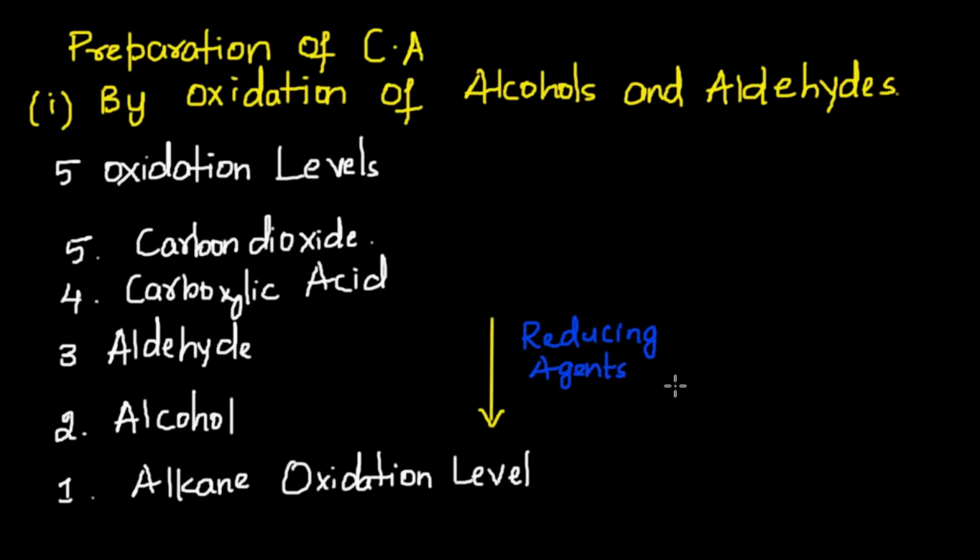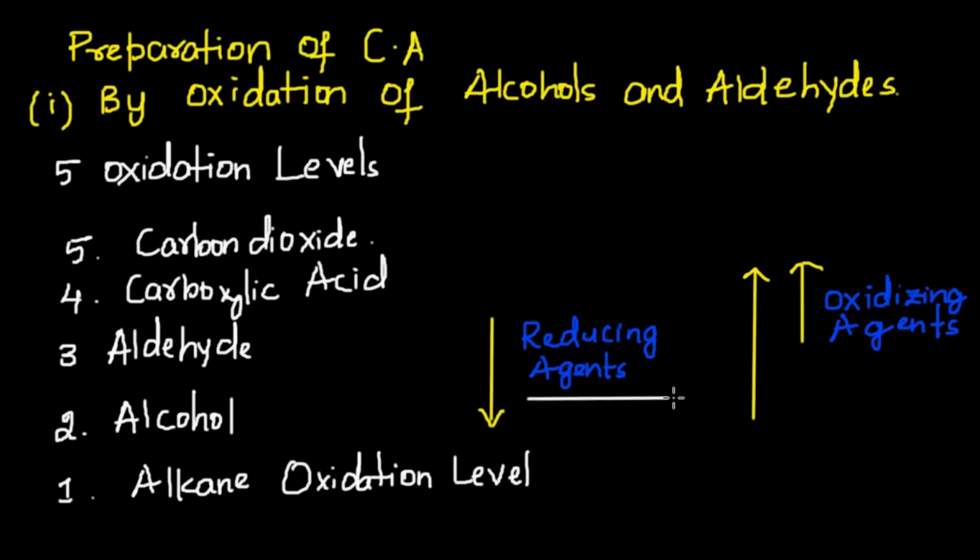But if we have to go from alcohol level to carboxylic acid oxidation level, or from aldehyde to carboxylic acid oxidation level, we need oxidizing agents. So here the more fundamental idea was that reduction requires addition of electrons, and oxidation requires removal of electrons.